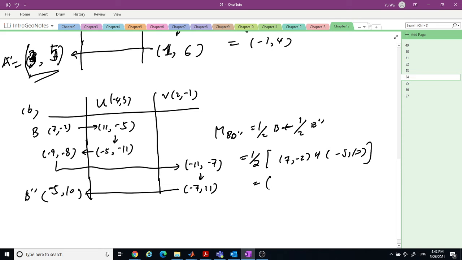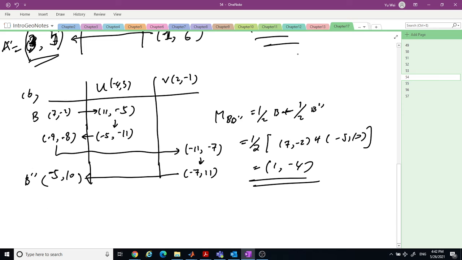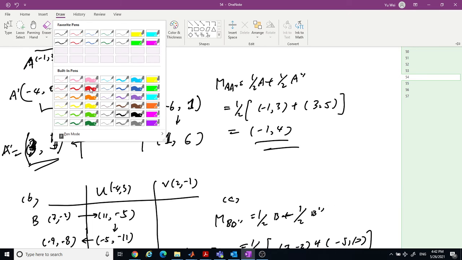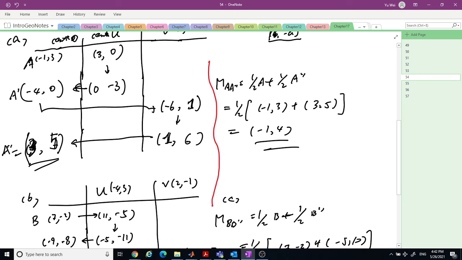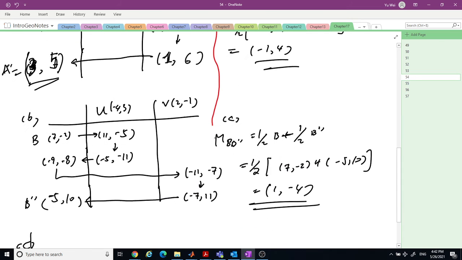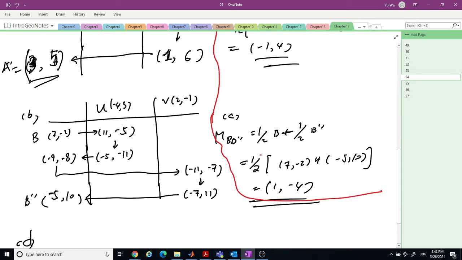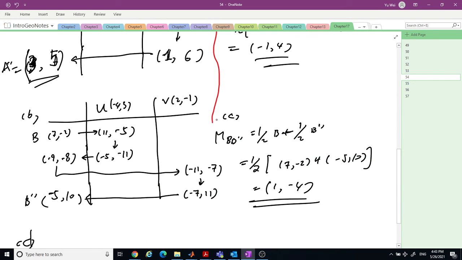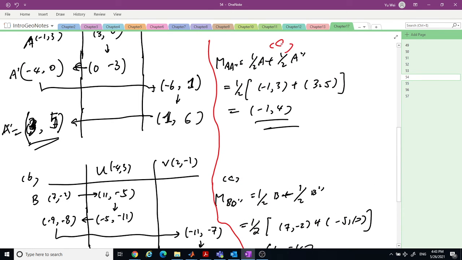So it's also (1, 4). Okay, so they are the same. Now why is this the case? That's why the answer to part C is this. This part is C.